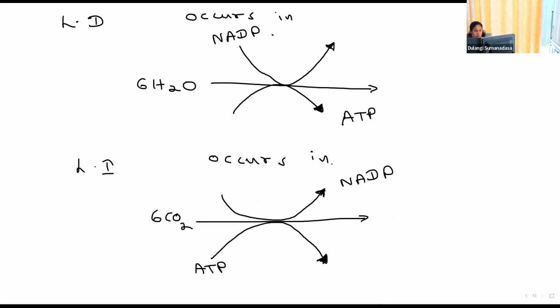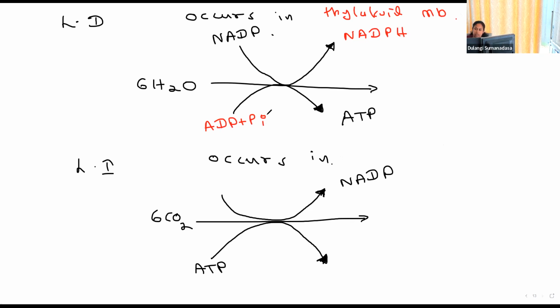You can read the arrows, right? Everyone knows how to read the arrow. So light dependent reaction occurs in thylakoid membrane in the chloroplast. NADP goes in as input and the output is NADPH. And ATP is the output, so input needs to be ADP and PI, right? ADP and PI go in, output is the ATP.